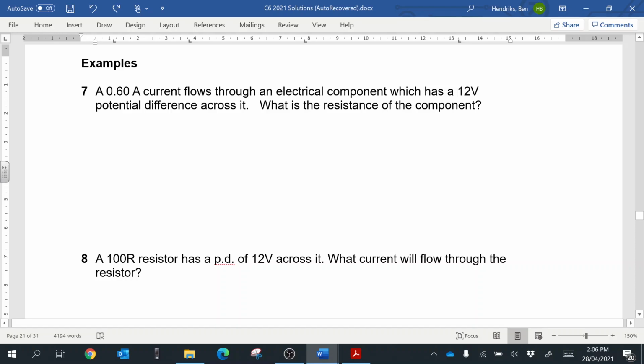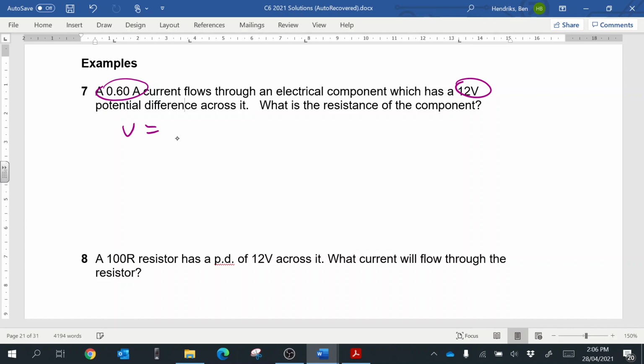Our first example: a 0.6 amp current flows through an electrical component which has a 12-volt potential difference across it. What is the resistance of the component? We start off with V equals IR, and let's rearrange that.